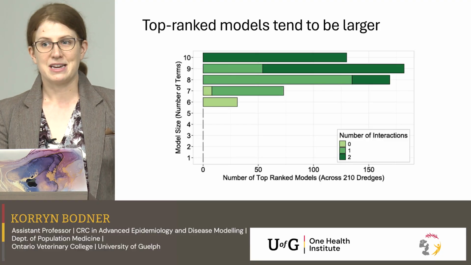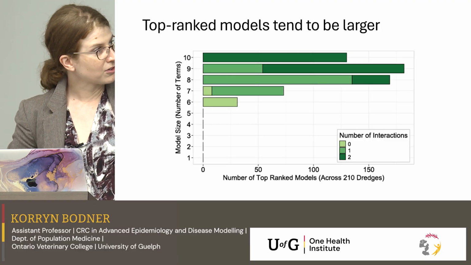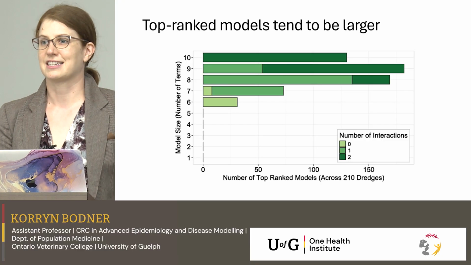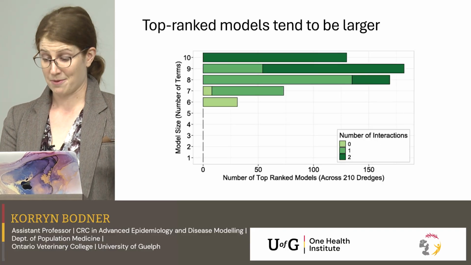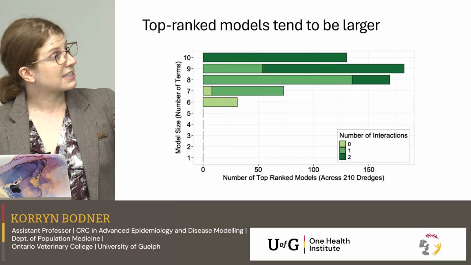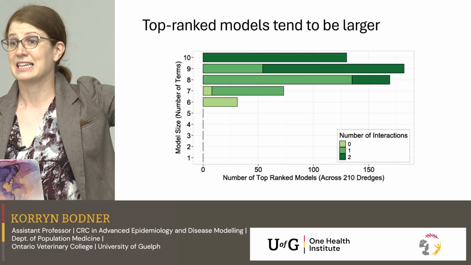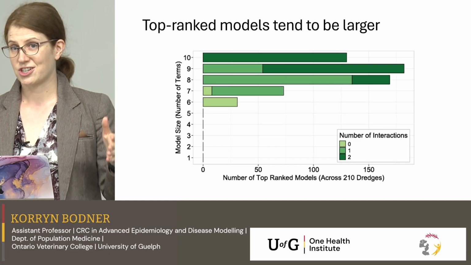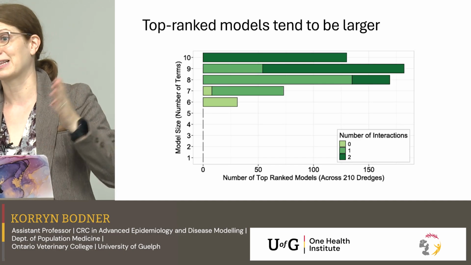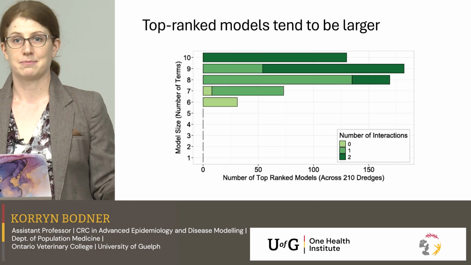So first of all, you may notice there is no model below 6 terms that was selected as a top-ranked model. 9 predictors was the most common, and you can actually see that interactions were commonly included. So long story short, what this is saying is that the Dredge function tended to pick more complex models than simpler models.